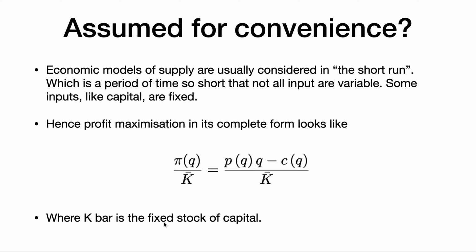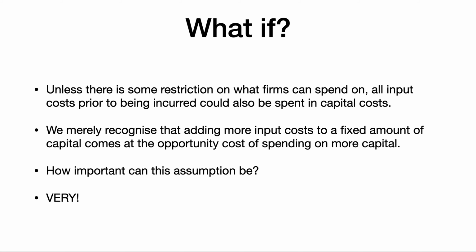But what if these costs in the numerator here could also be spent not just on maximizing the return on this amount of capital, but maximizing the amount of return on all the costs? So what if all costs are considered potential capital inputs? And that makes sense, right? Because unless there's some restriction on what you can spend on, you can duplicate your fixed costs with those expenditures rather than just adding variable inputs to your fixed costs.